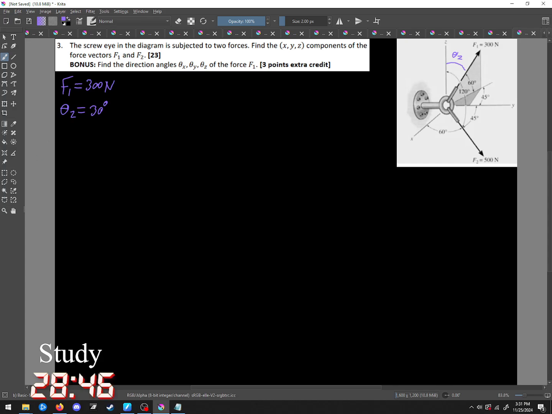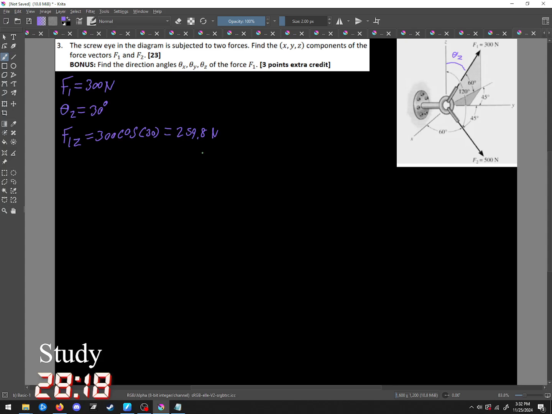Which means that F1z is equal to 300 cosine of 30, which equals 259.8 newtons.